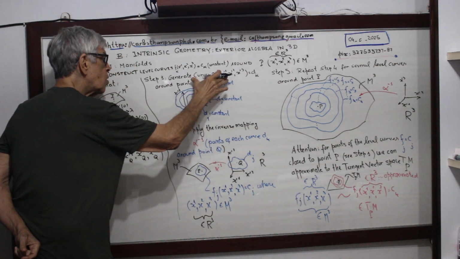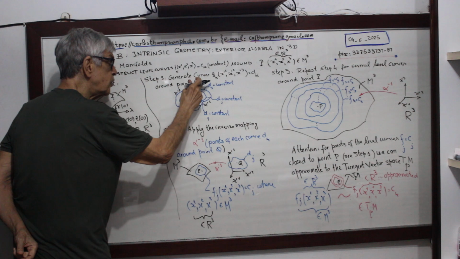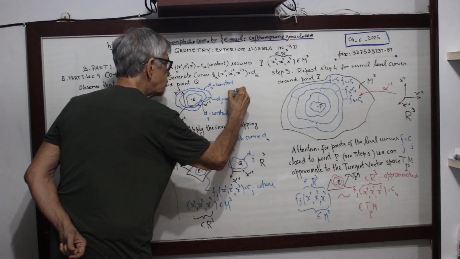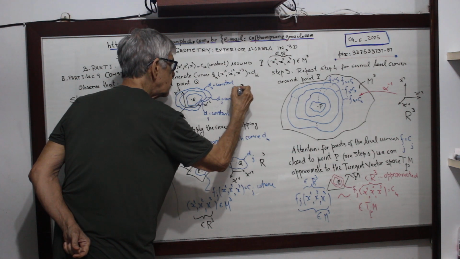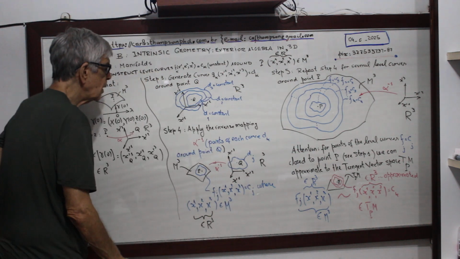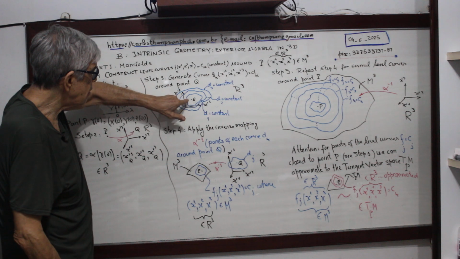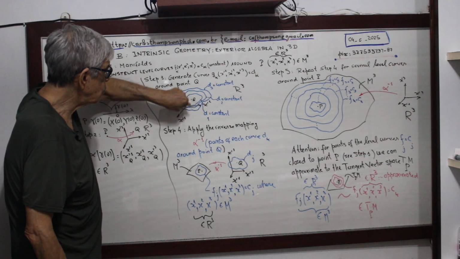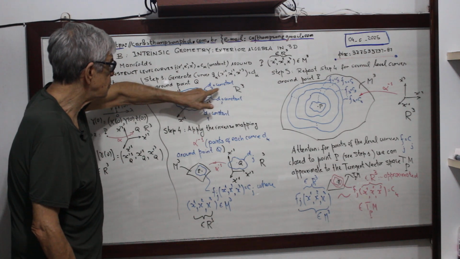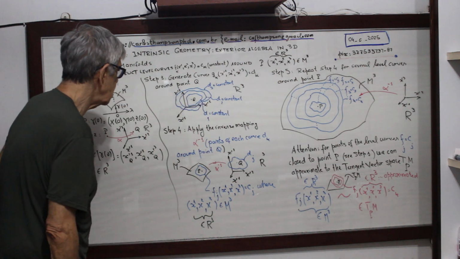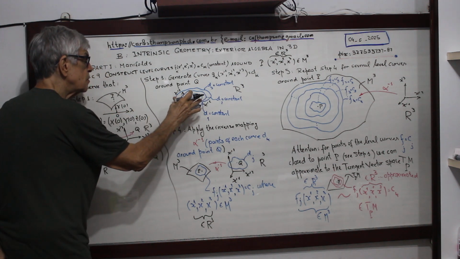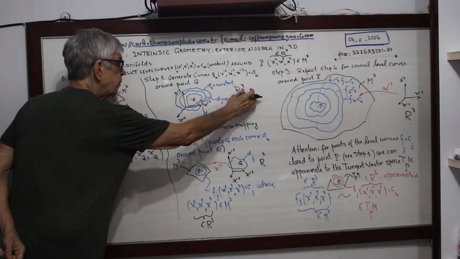This is a curve around point Q. Point Q belongs to R3. So I have curve 1, d1, a constant, curve 2, d2 equal to a constant, d3, and so on. Now I'll have these curves on R3.